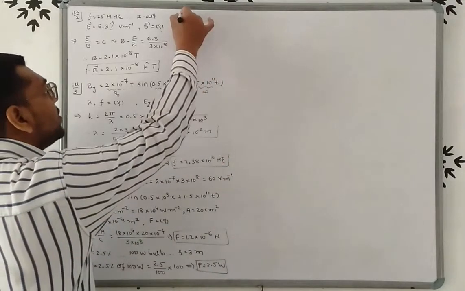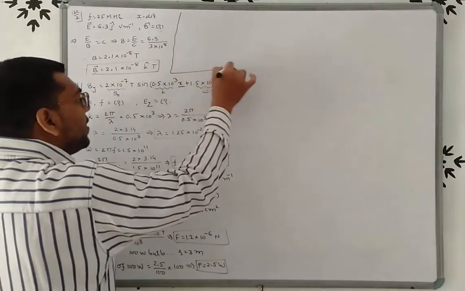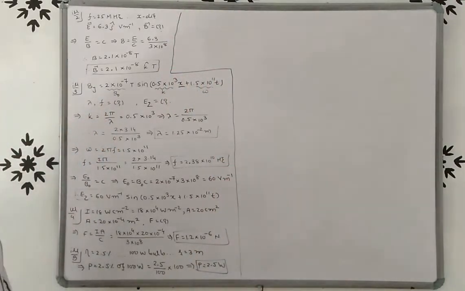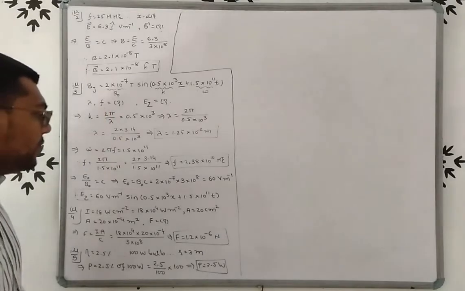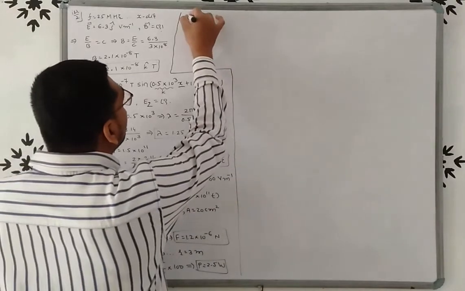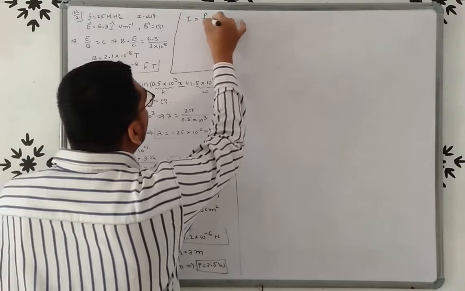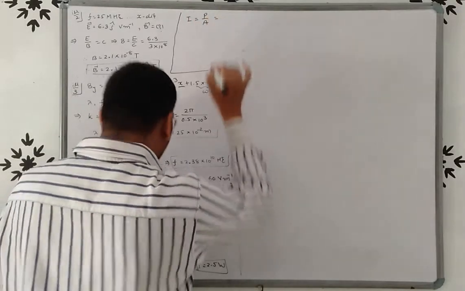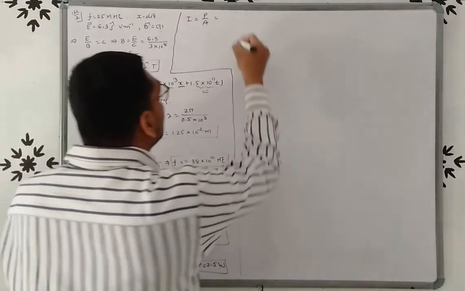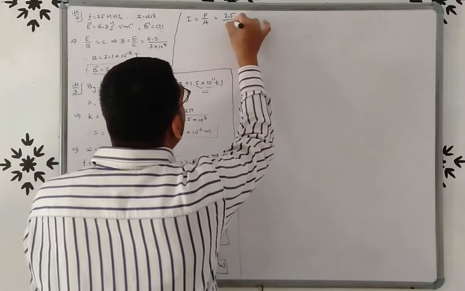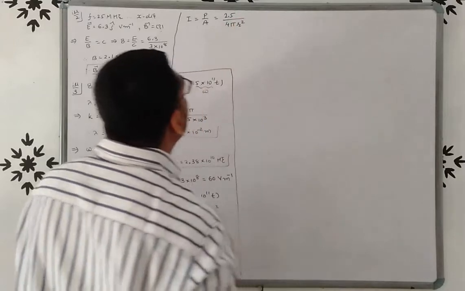Now here we have to find out the electric field and the magnetic field. Right. So for that, first of all we have to find out the intensity. We know that intensity I is equal to P by A. Here P, we know the value of power, that is 2.5. The value of A is 4 pi R square. Right.